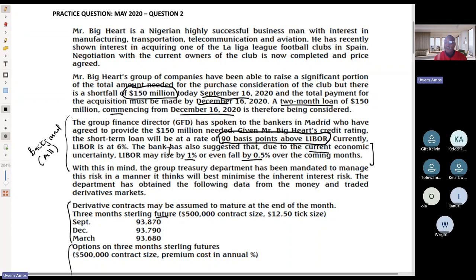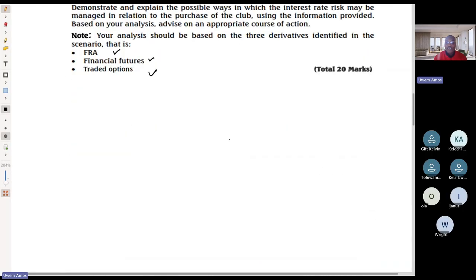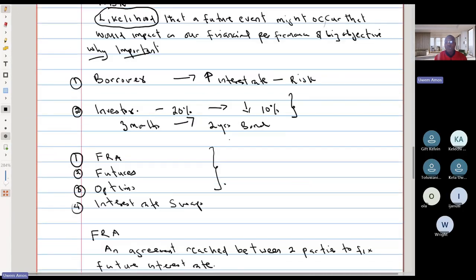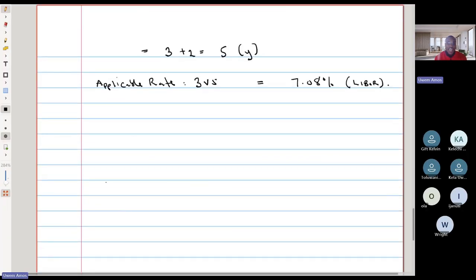In other words, whenever Mr. Bickard wants to borrow, his interest rate would be whatever LIBOR is plus 90 basis points.